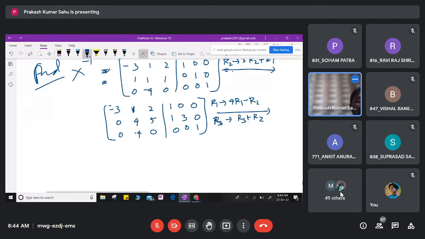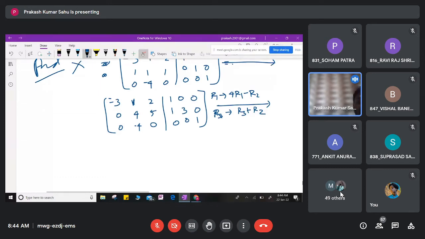So that 4 - 4 0 हो जाएगा, यहाँ पे ये भी 0 हो जाएगा, तो तुम्हारा क्या होगा? सेकेंड रो सेम रहेगा 0 4 5, this is 1 3 0. फर्स्ट रो चेंज क्या होगा? R1 पे 4 R1, तो -12 - 0.